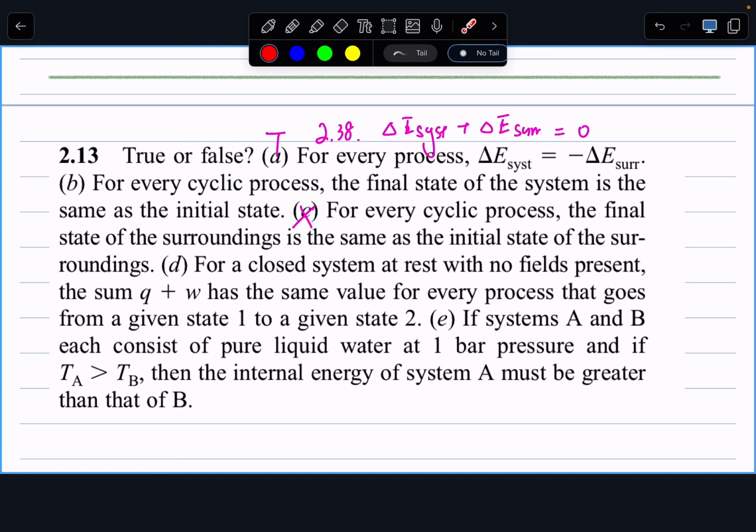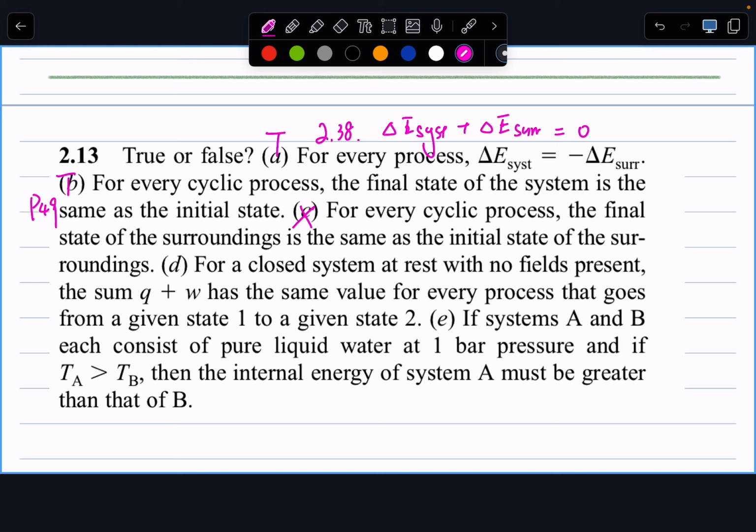So this one is true, because when we talk about a cyclic process, remember the definition of a cyclic process is whether or not its initial state and the final state are the same thermodynamic state. So this one is by definition true. And you can find that full definition of cyclic processes at the bottom of your page 49, just for your reference.